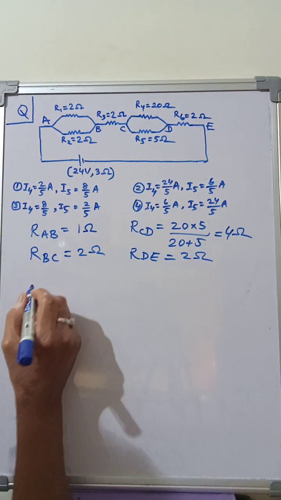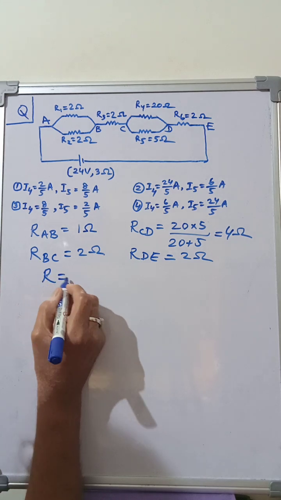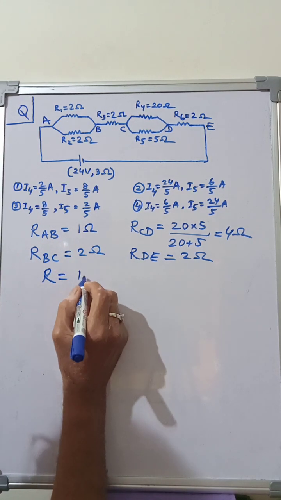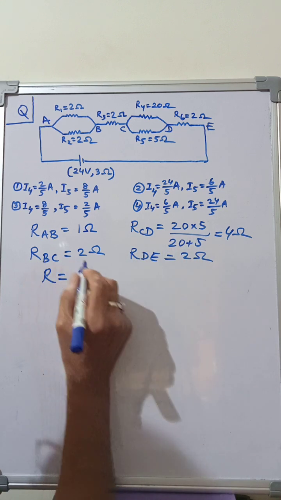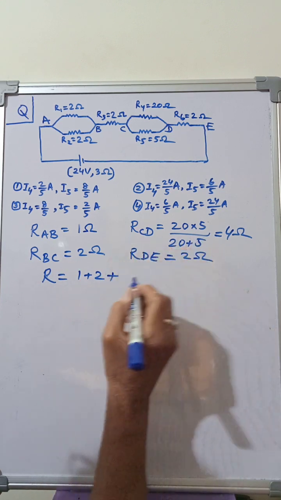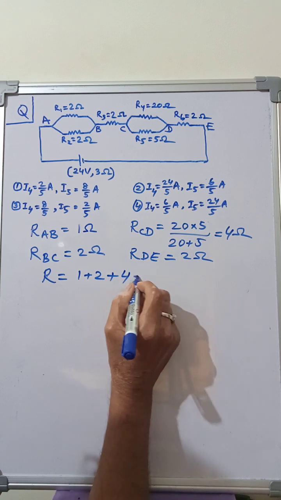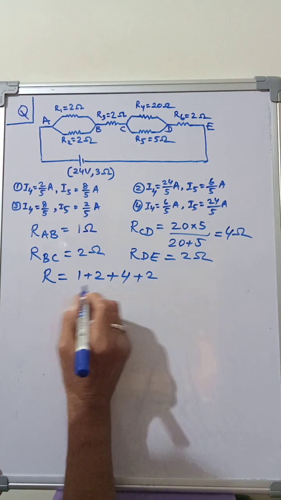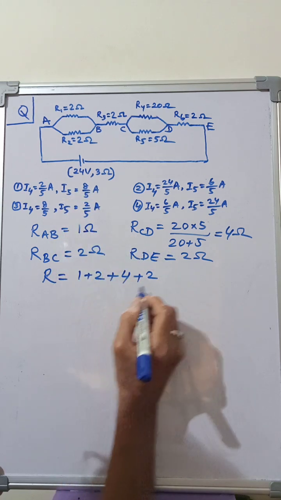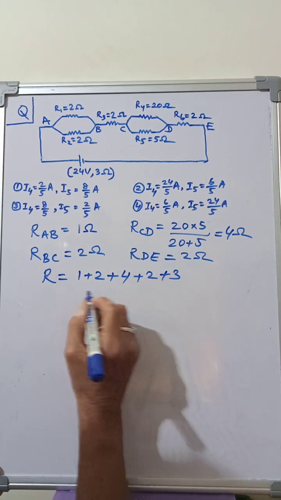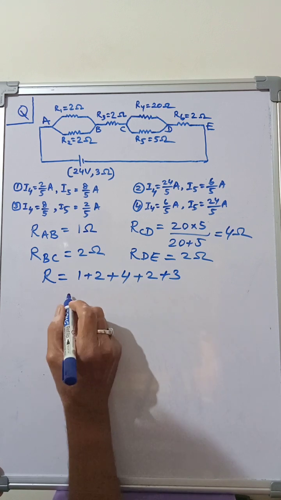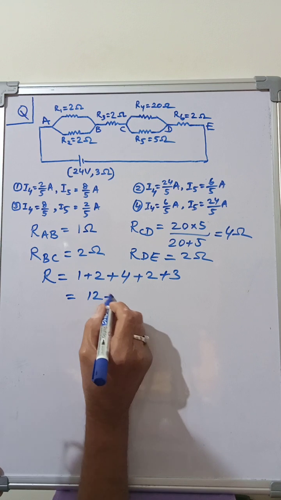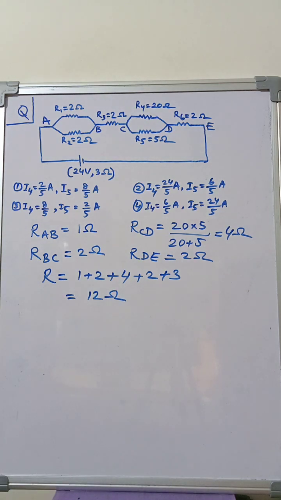Therefore, total network resistance R is equal to RAB, that is 1 ohm, plus RBC, that is 2 ohms, plus RCD, that is 4 ohms, plus RDE, that is 2 ohms, plus internal resistance of 3 ohms, which gives us 1 plus 2, 3, plus 4, 7, plus 2, 9, plus 3, 12 ohms is the total resistance of the network.